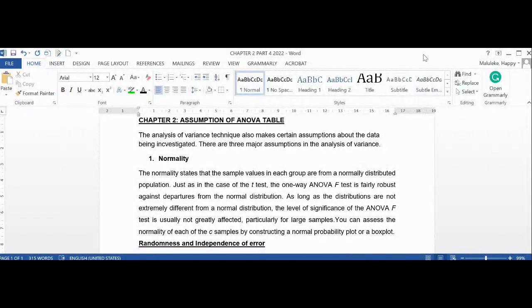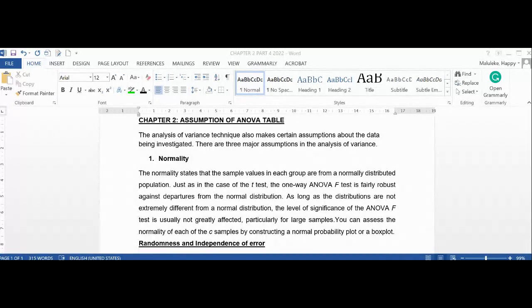We're simply saying that the assumptions of the ANOVA table. Remember, we constructed an ANOVA table, but there are some assumptions that need to be followed when constructing an ANOVA table. So the analysis of variance technique also makes certain assumptions about the data being investigated, like the one that we're having there.